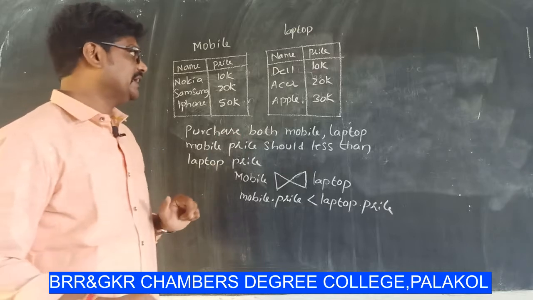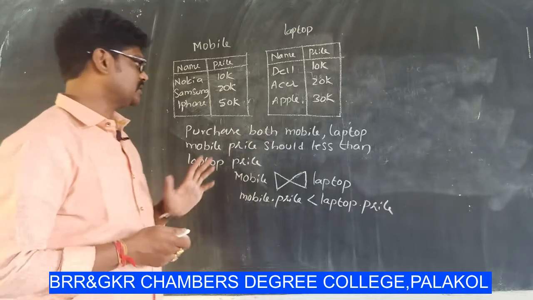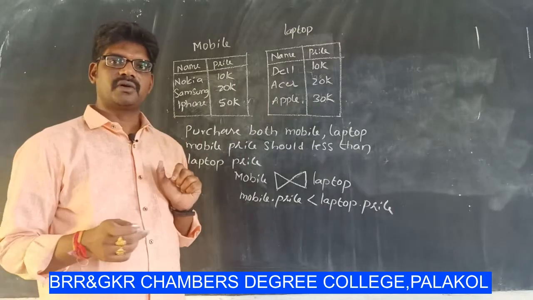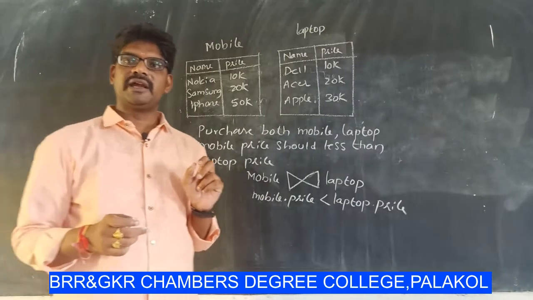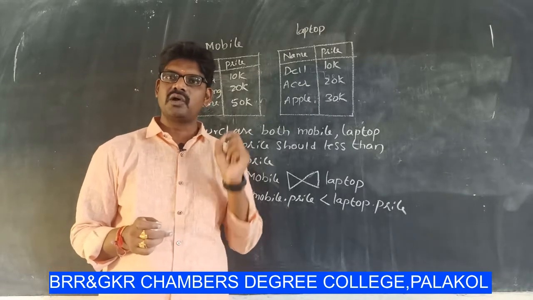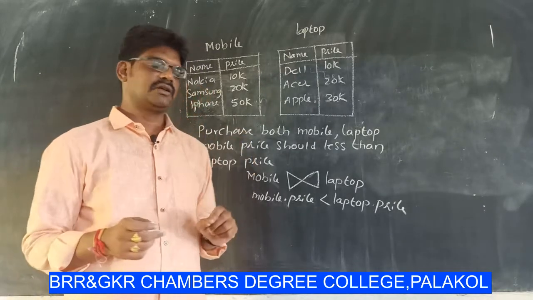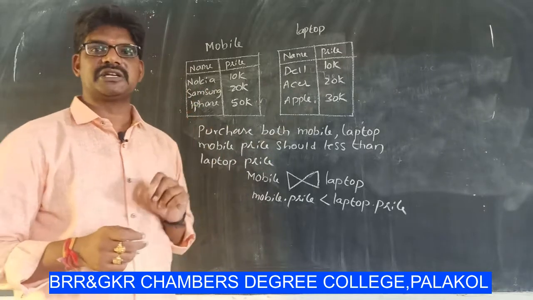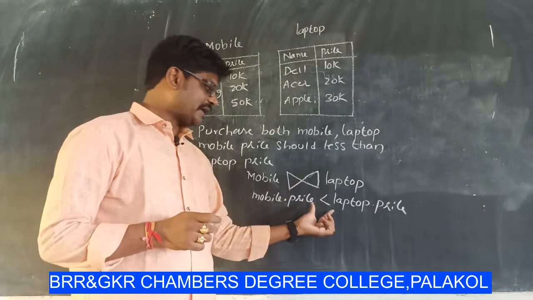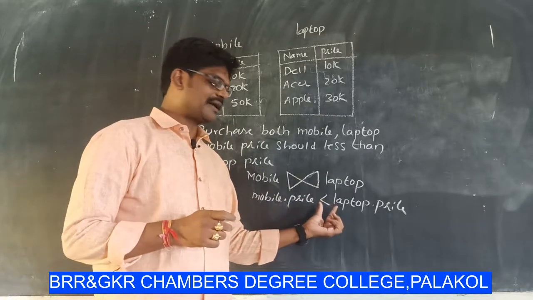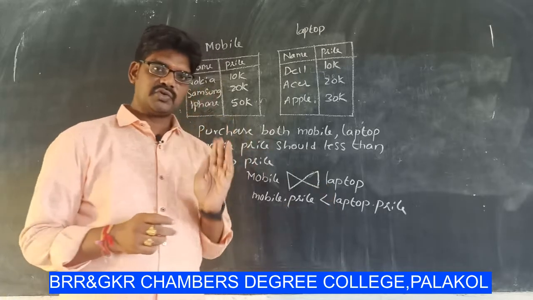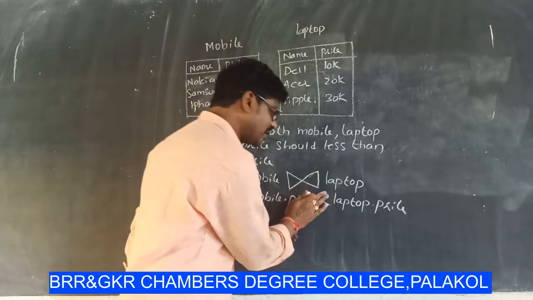Next one, equijoin. So from this example, what is equijoin? When a theta join uses only the equivalence condition, that is the equal to condition, it becomes the equijoin. In place of less than, greater than, less than or equal to, or greater than or equal to, it uses only the equal to operation.